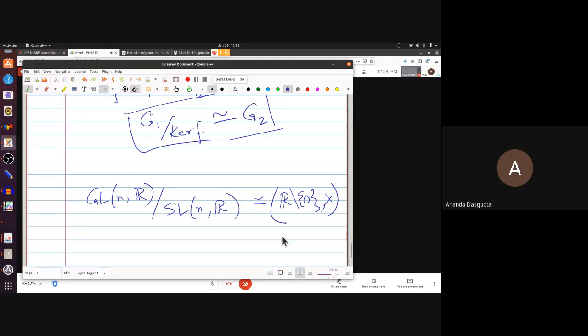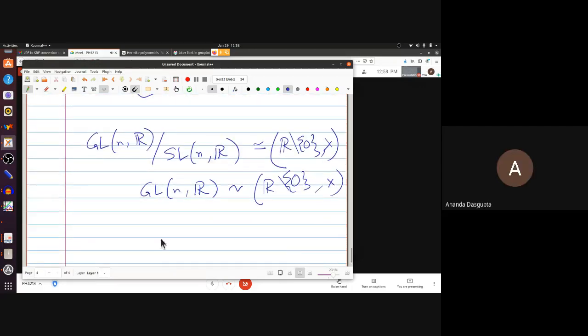But there's a very simple homomorphism between GLNR and this. What is the most obvious homomorphism you can have here? The determinant map. You take any two matrices and take the determinant. Det M1 M2 is det M1 times det M2. So it completely obeys the group multiplication structure.